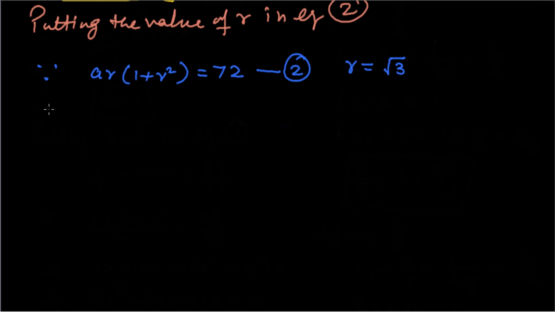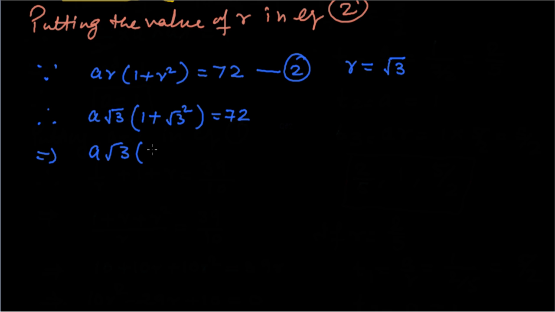So we get A into root 3 times (1 plus root 3 square) is equal to 72, which implies A into root 3 times (1 plus 3) is equal to 72.